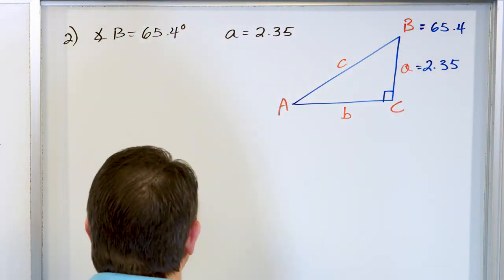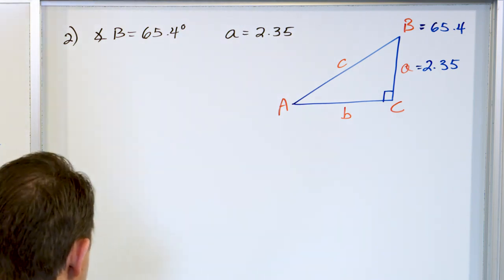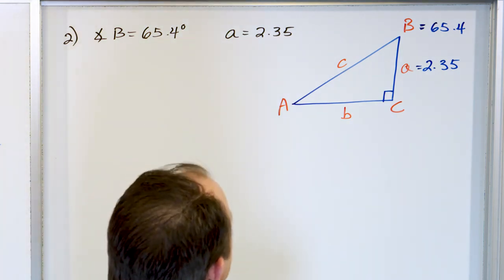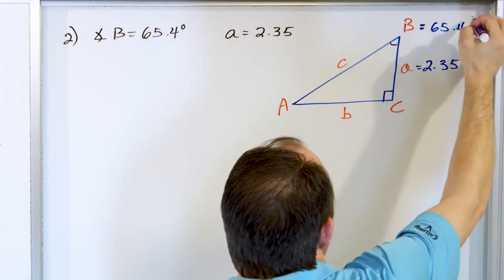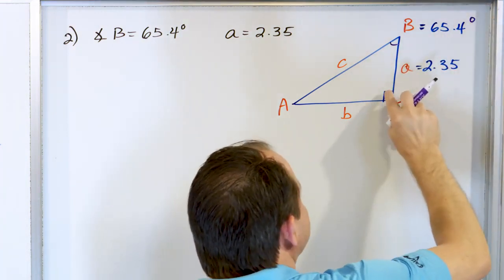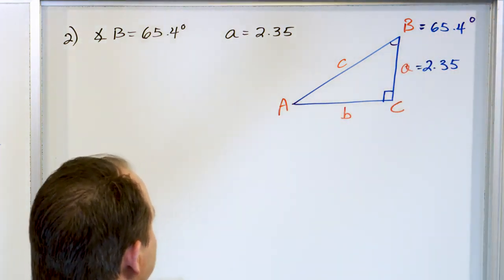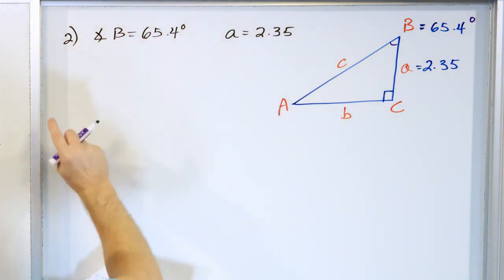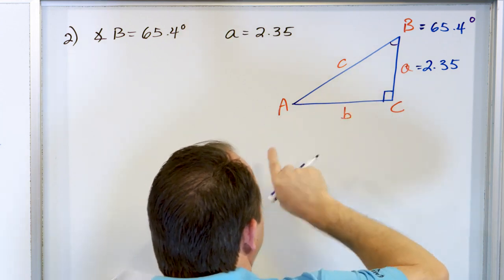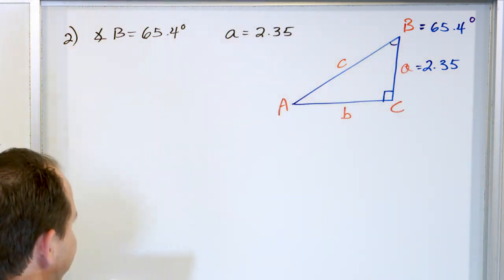Now, how do we handle the rest of this? I'm already given one of the angles, this angle right here, 65.4 degrees. I know this is 90 degrees because it's a right triangle. So for this problem, I'll do it differently, and I will find angle A right away. I know that all of these angles have to add up to 180 degrees.